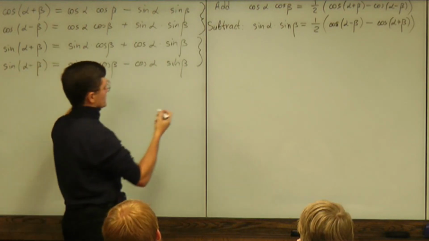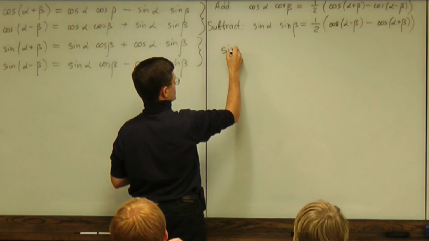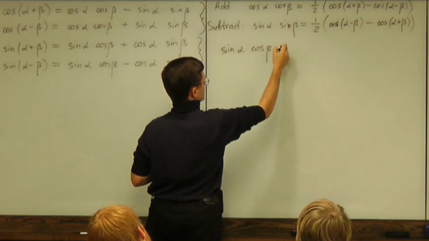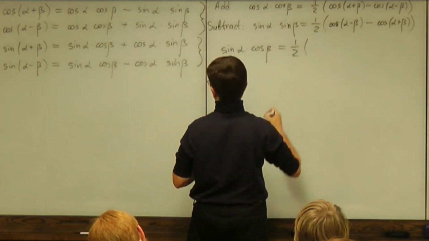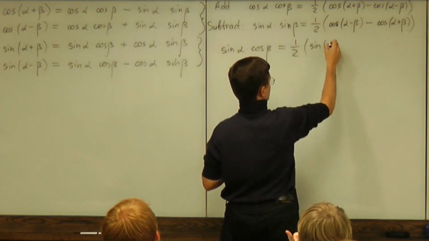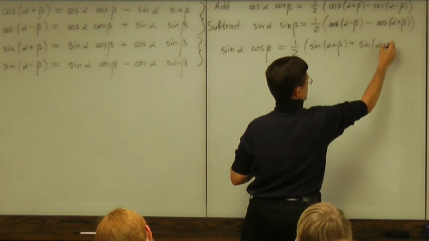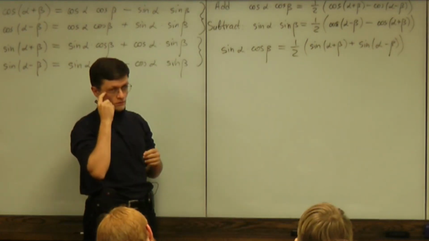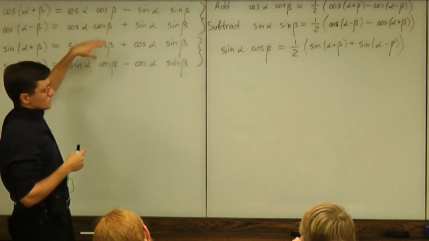The first remains with coefficient 2, and that term says sine alpha times cosine beta multiplied by 2 equals the sum of those sines: sine of alpha plus beta plus sine of alpha minus beta. And personally, I never remember those formulas. I always derive them from these.